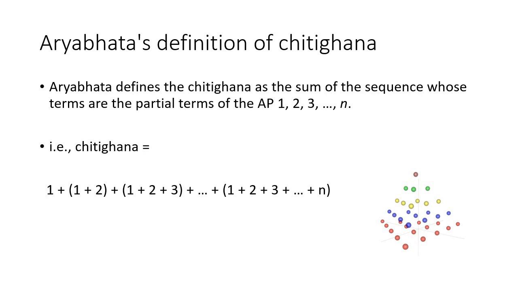Then in the second one, in the blue layer, it is 1 plus 2 plus 3 plus 4, and 1 plus 2 plus 3 is the yellow one, and the green one is 1 plus 2, and the brown one on top is 1. So this is exactly the Chitighana for n equal to 5. Chiti actually means a pile or a stack, and you can see why this word is used, because it's like you're stacking up layers of these triangles.